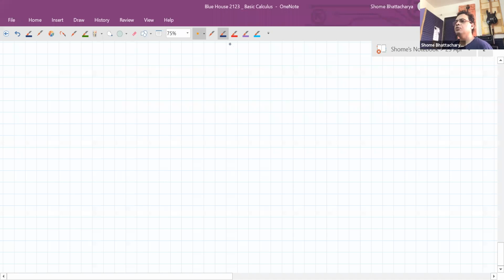Now we'll go back in time to around the time Newton was developing calculus and differential calculus. So we are somewhere in the 1600s, and Newton is trying to study motion of different objects, and through that he has discovered his three laws of motion.